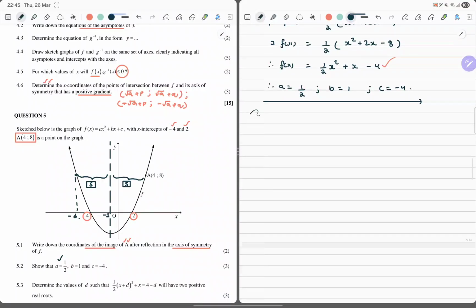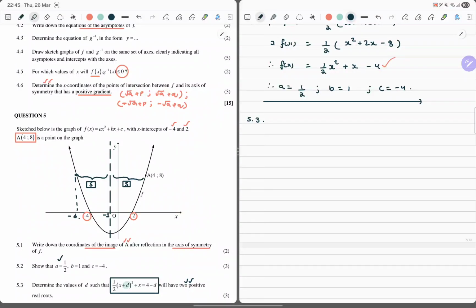Now let's look at 5.3. 5.3 says determine the values of d such that, okay, what is this? Such that this will have 2 positive real roots. Okay, good. So if we look at d already from here, it's where x was meant to be. So once we add d, it means it's a horizontal shift, either left or right. But now what doesn't make sense is the rest of this thing.